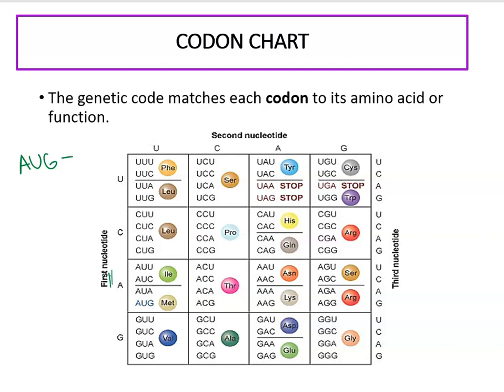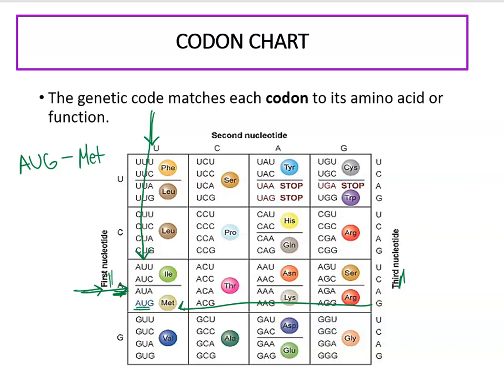So you start here with the first nucleotide, A. And then the second nucleotide is U. So I start up here, the second nucleotide, U. So I'm going to go down to this column and this row, A, U, and my last letter is G. So I'm going to look for the last letter, or again over here, last letter, third codon is G. So my first amino acid is MET. So that codes for the amino acid methionine, or MET.